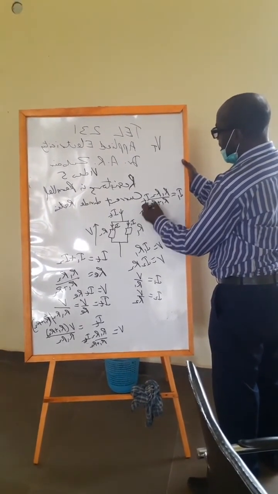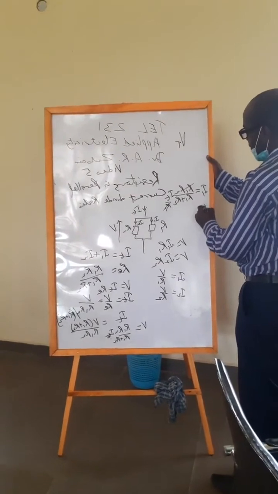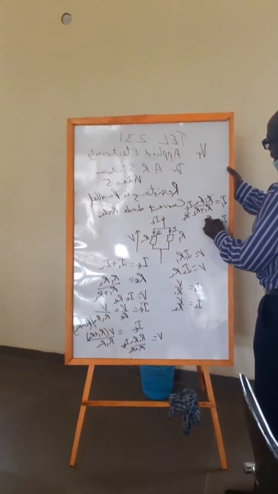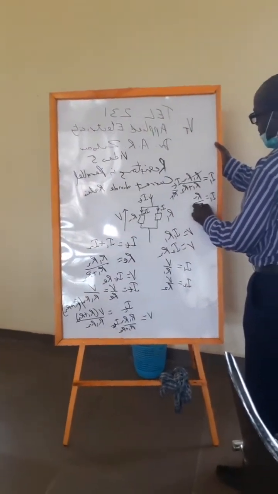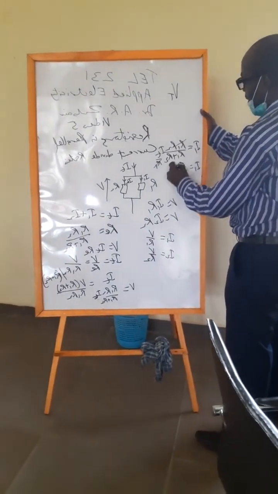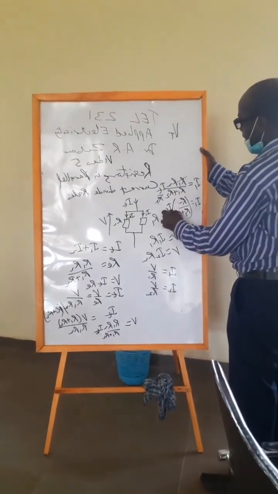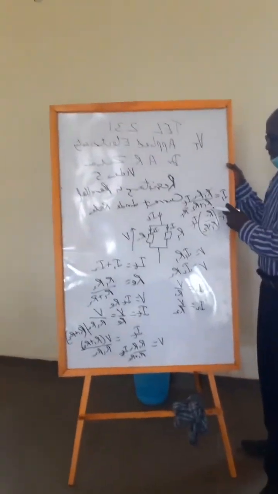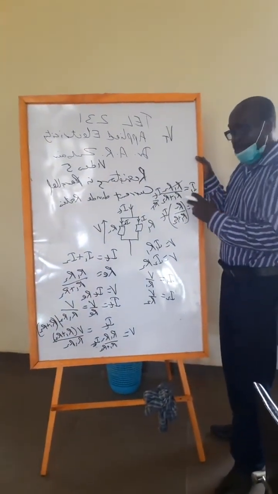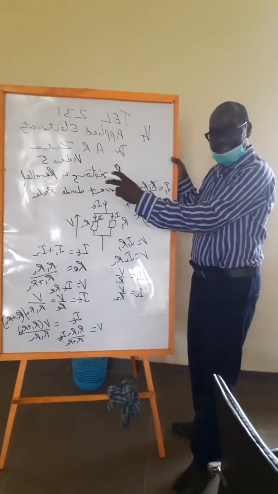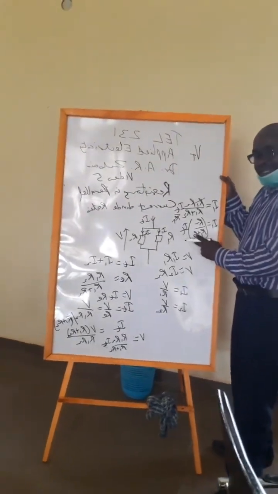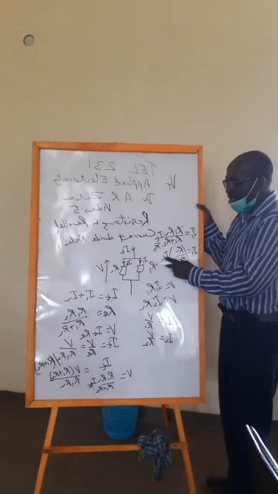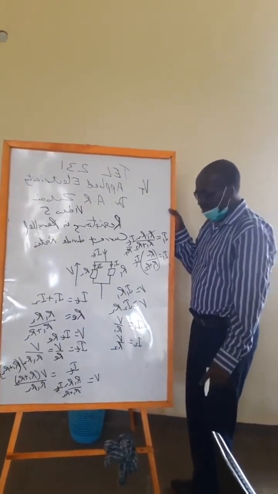So this R1 will cancel that R1. So I1 is going to be equal to R2 over R1 plus R2 multiplied by IT. So the current divide ratio is, if you need the current in R1, you take the other resistance, divide by the total resistance, multiply by the current you want to divide.